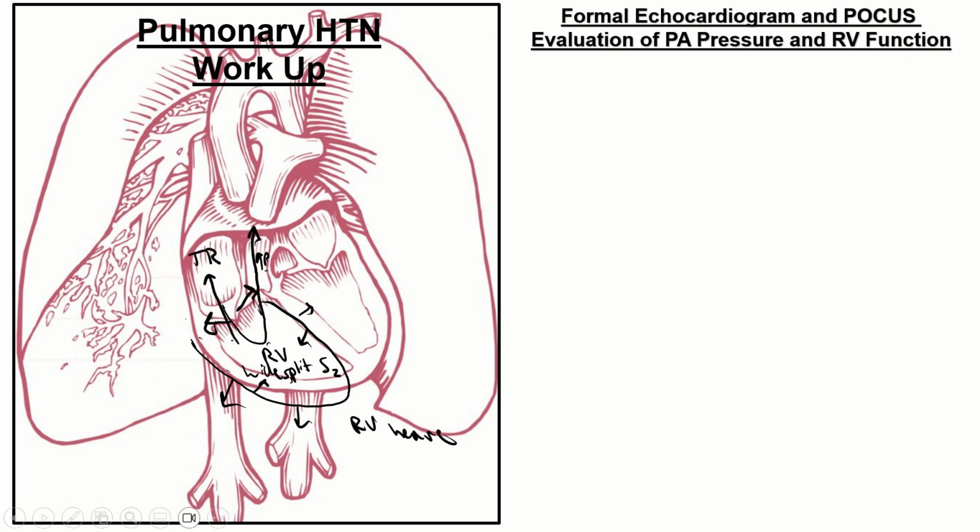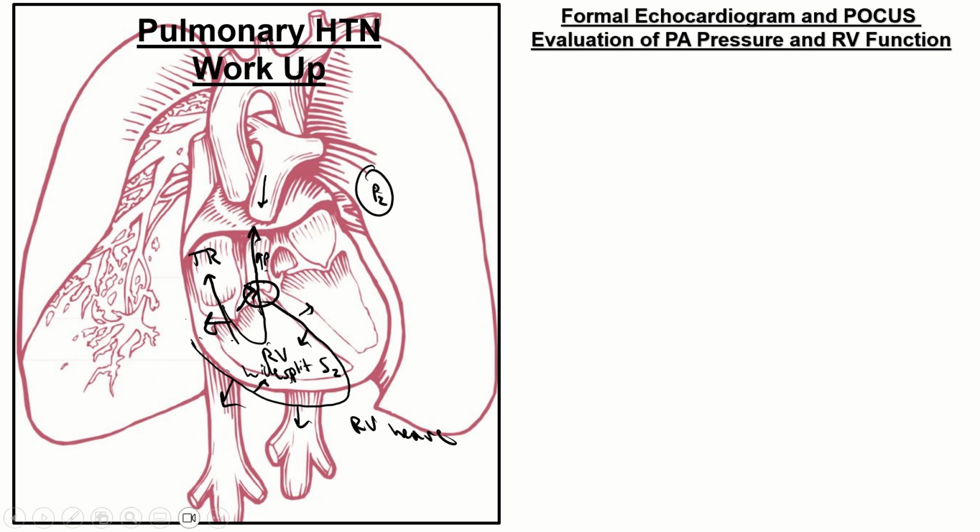Lastly, and actually a pretty sensitive and specific sign, is closure of the pulmonic valve. Because there's so much back pressure, it can be pretty forceful, and you might feel a palpable P2 by feeling the patient's pulmonic area.